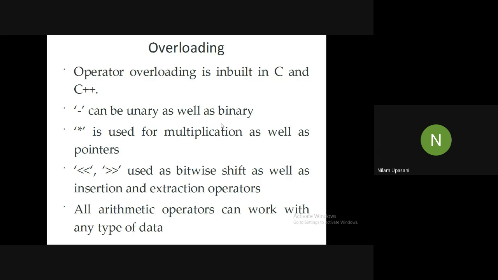What is the meaning of that? कि a की value अगर 10 है तो now it will become minus 10. So that is a unary operator, and the same operator we are using as a binary operator also. a is equal to b minus c, then it will be treated as a binary operator.